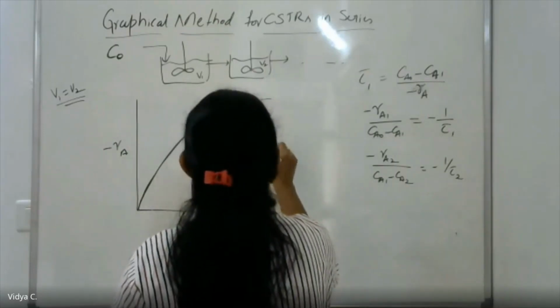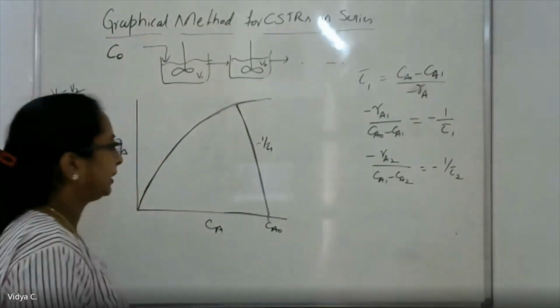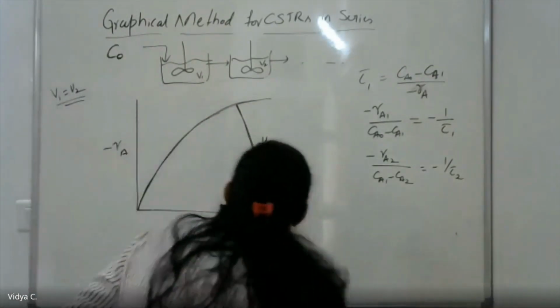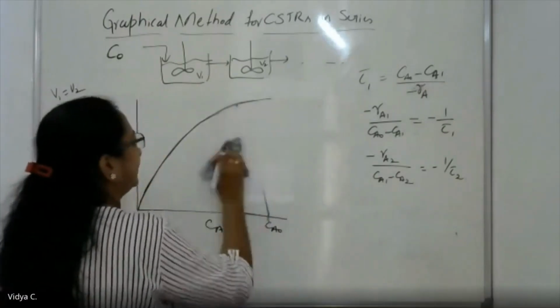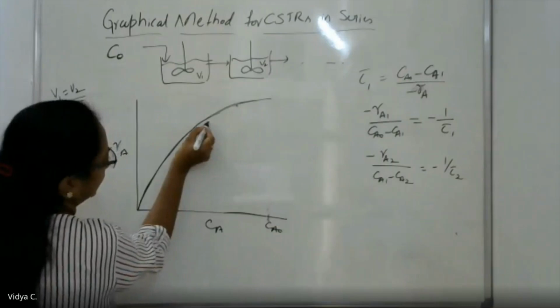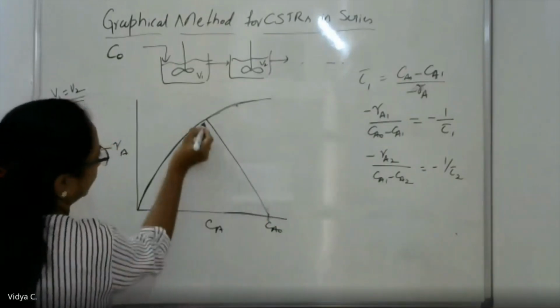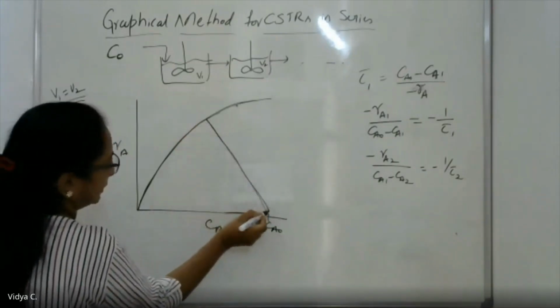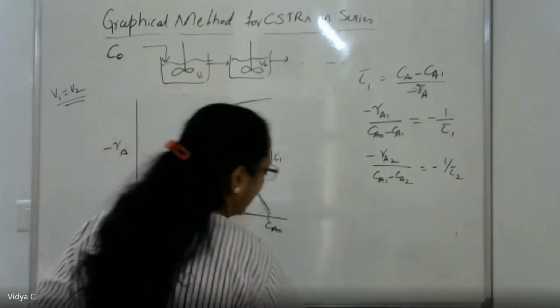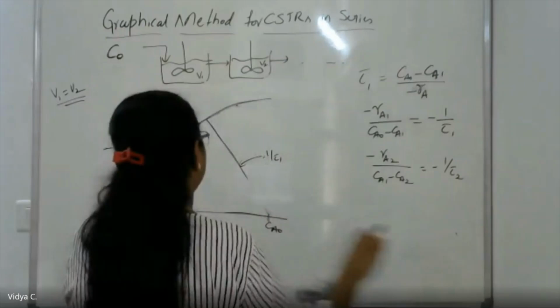It's not looking straight. Let me come back. Okay, so this is minus 1 by tau 1.